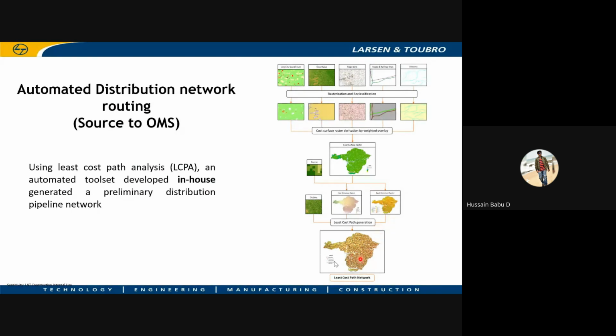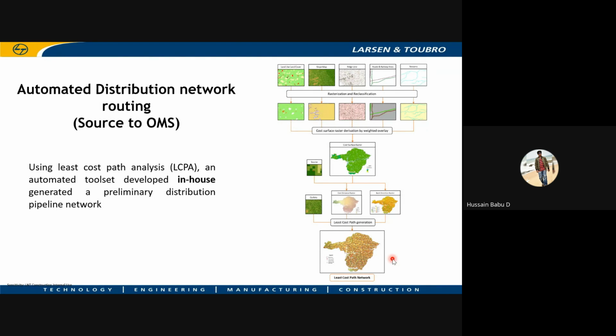Once this routing is done, we do a hydrological analysis by assigning the diameters. It will have multiple iterations. We assign the diameter, and it should match our hydrological design, and it should also be of minimal length. Like this we do multiple iterations and fix our routings.